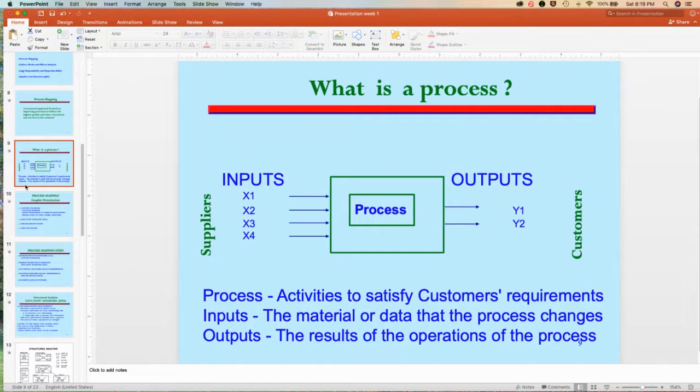So what you want to do is, if you're going to improve that system, if you're going to add quality to that system, if you want to add efficiency to that system, you need to describe that system in a way that is communicable. Okay, how does the purchasing department work? How does the manufacturing engineering department work?